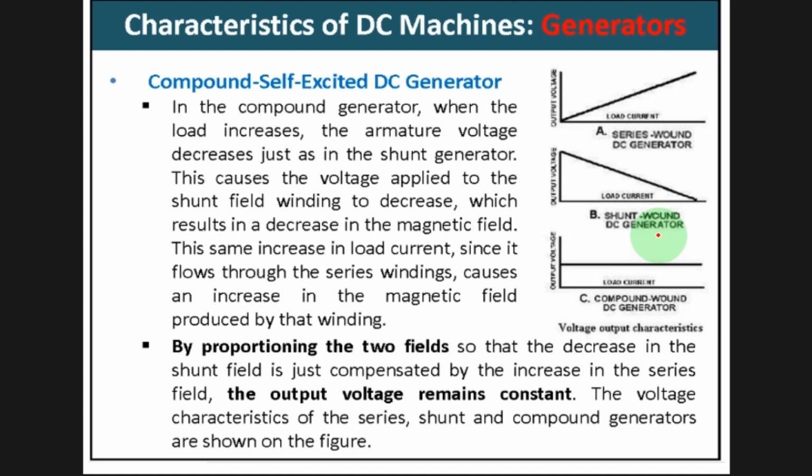For the shunt wound DC generator, when the load goes up, voltage decreases. So when you have both, you can keep the output voltage constant, even though the load is changing. That is the advantage of having compound self-excited DC generators.